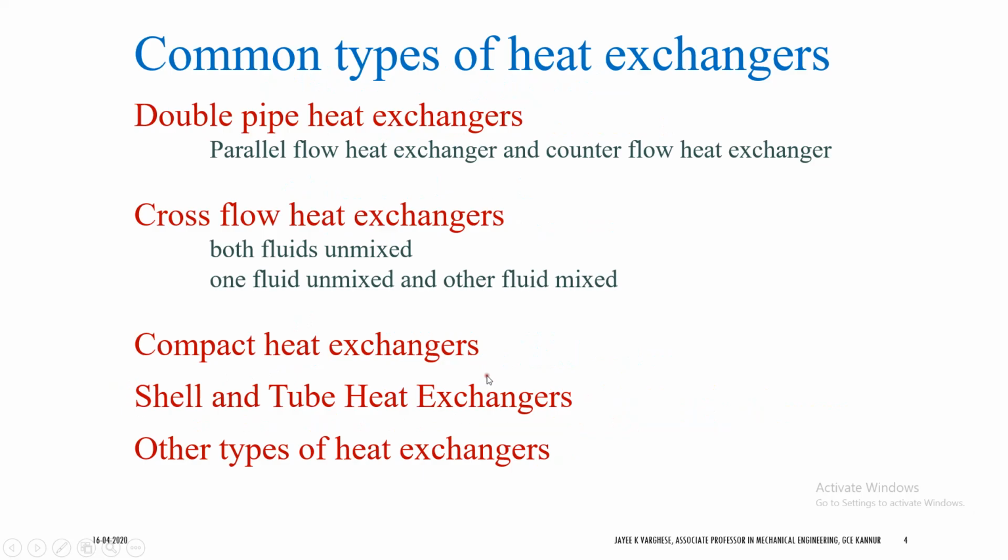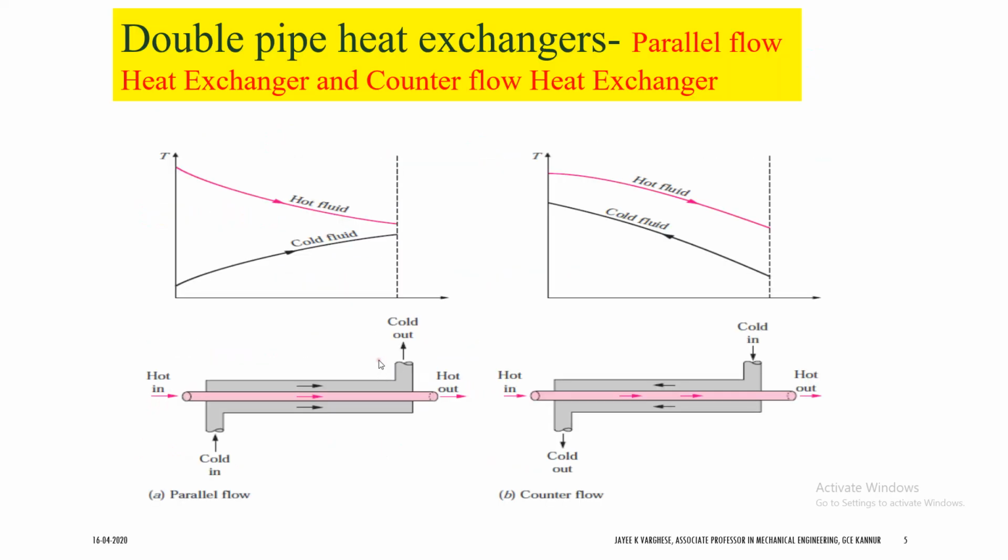Now, other types of classifications. Constructional-wise, we can classify the heat exchangers into double pipe or concentric tube heat exchangers, then cross flow heat exchangers, shell and tube heat exchangers, compact heat exchangers, etc. But more importantly, based on the directions, heat exchangers can be classified into parallel flow heat exchanger and counter flow heat exchanger.